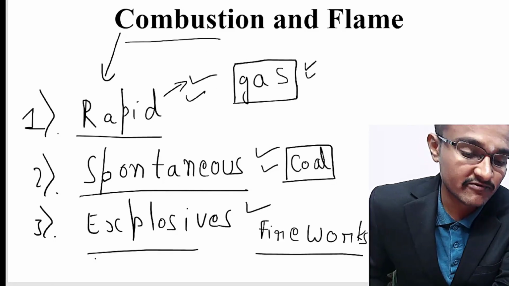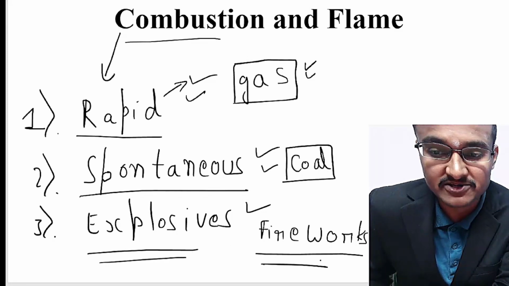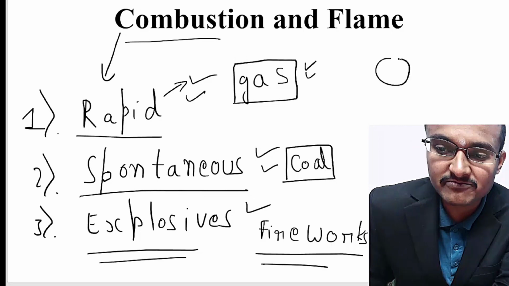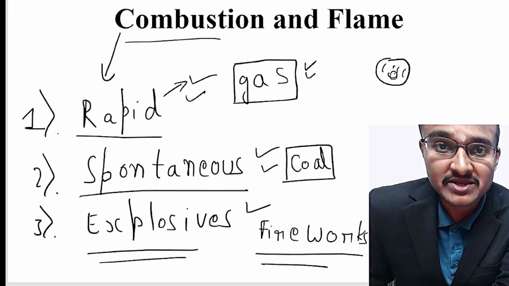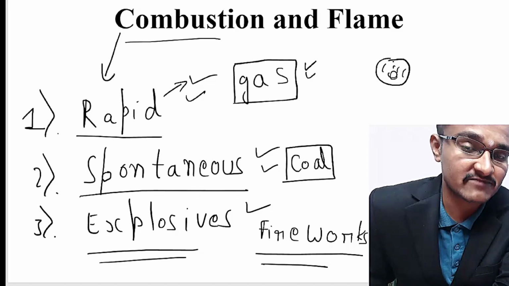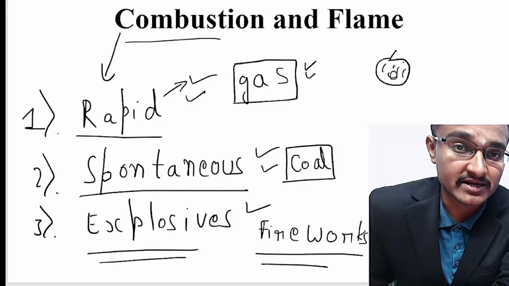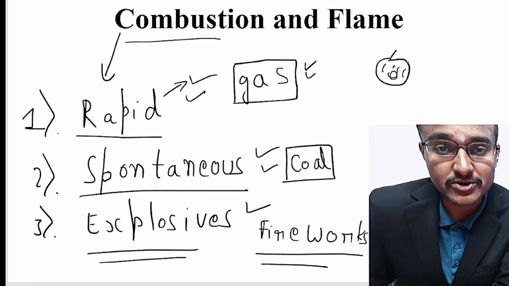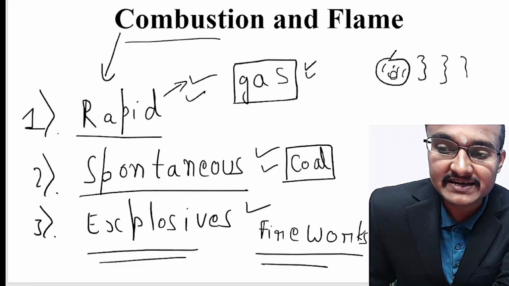The third type of combustion is explosives. The best example for explosives is fireworks. There is a lot of pressure present inside these fireworks. Because of this pressure, when the ignition temperature is reached, the substance gets exploded. When this substance explodes, it produces a lot of sound energy, light energy and heat energy.